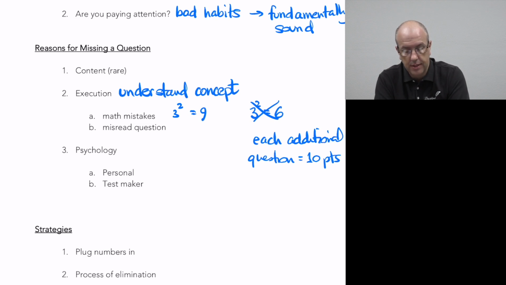Okay, the third reason that students would miss a question is pure psychology, and there's really 2 types of psychology. One is from the test maker's perspective. They design questions beautifully, and they are experts at math, there's no doubt about it, but they're also experts at psychology. And whether you're shooting for a 600 or a 700 or an 800, they know exactly how to write a question to trip you up, right?